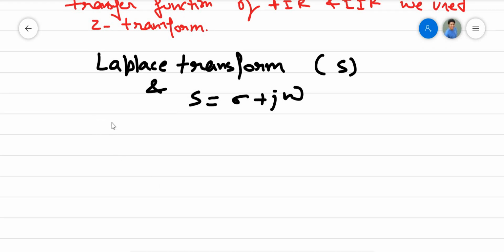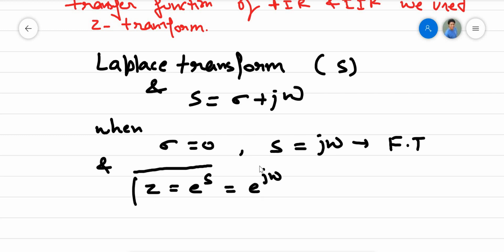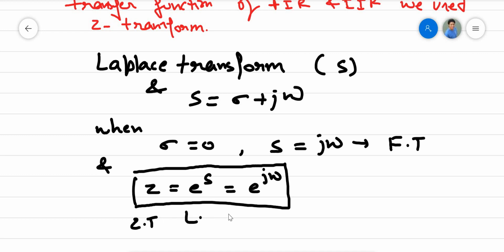Now when sigma is equal to 0, s will be equal to j omega, and this is nothing but a Fourier transform. And for z equal to e to the power s, that is e to the power j omega, this gives the complete relation between Z transform, Laplace transform, and Fourier transform.